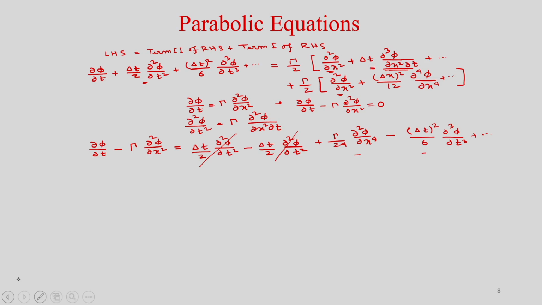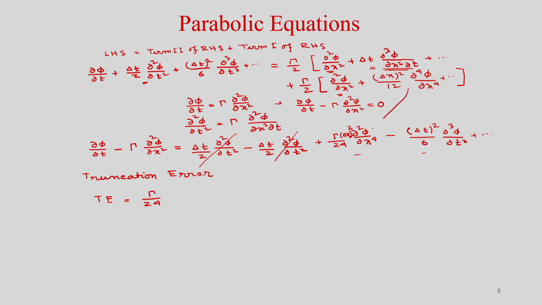So, now what is your truncation error? Truncation error T e is gamma by 24. So, this delta x square will be there, here we missed delta x square.